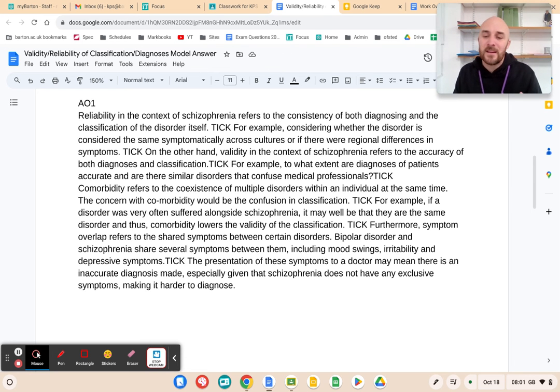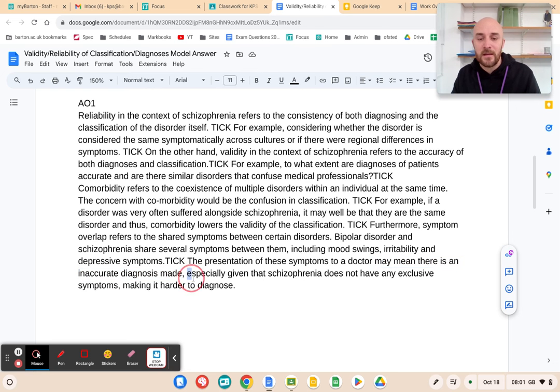So if you go and say, "Doctor, I've got mood swings, irritability, I feel depressed," it may mean that there's an inaccurate diagnosis made because you're giving symptoms that appear in several disorders. So in this case, the validity of the diagnoses is reduced due to symptom overlap. And again, I've not put that in there actually, so you could say that.